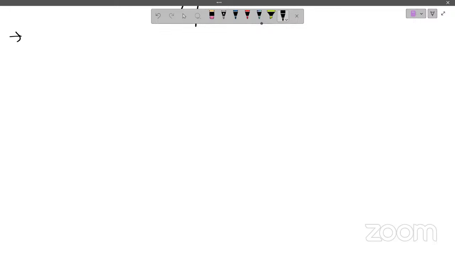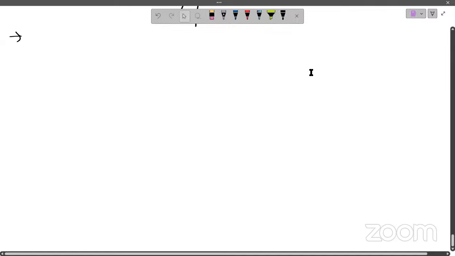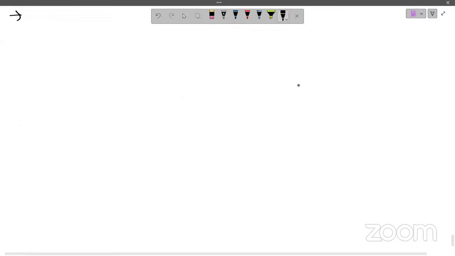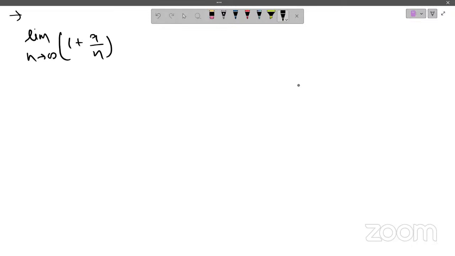Ma'am, can you explain some standard limits in brief? Like some limits that tend to e. There are some standard limits I don't understand, like the limit as n tends to infinity of 1 plus x by n, to the power n, right? This goes to e to the power x.